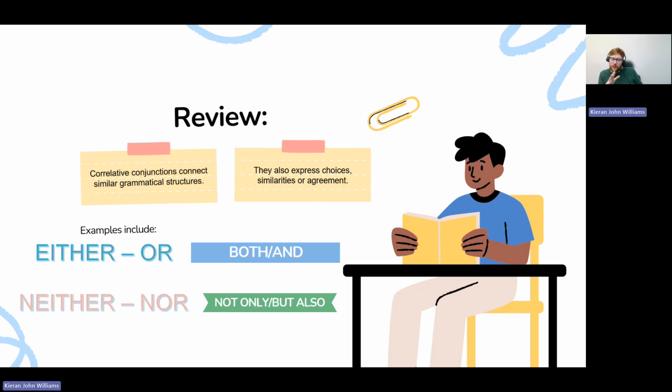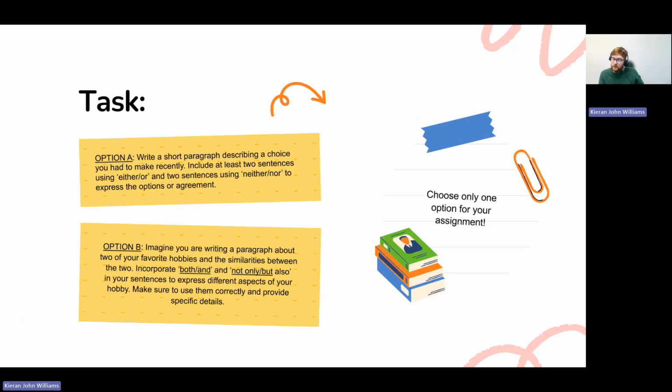So the examples we talked about were either this or this, neither this nor this, both this and this, or not only this, but also this. Okay, so that is our understanding of correlative conjunctions. So we've seen how to use them, the situations in which we should use them. So the next thing we've got to do is use them.